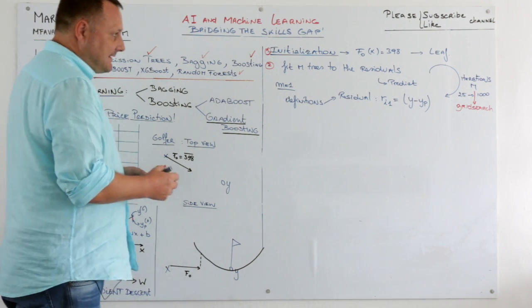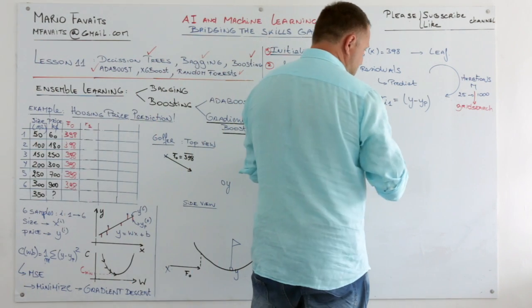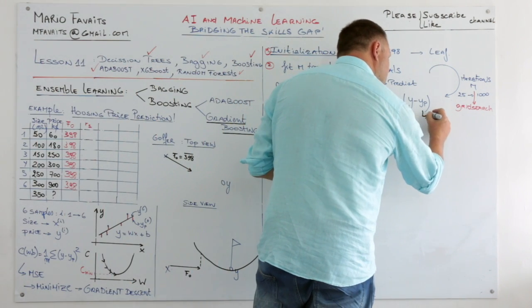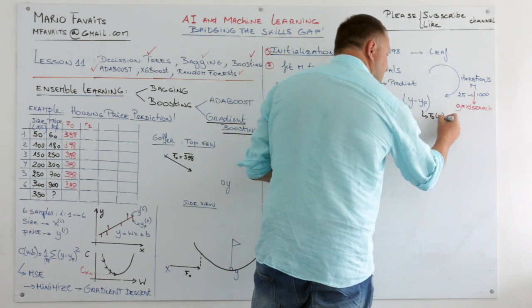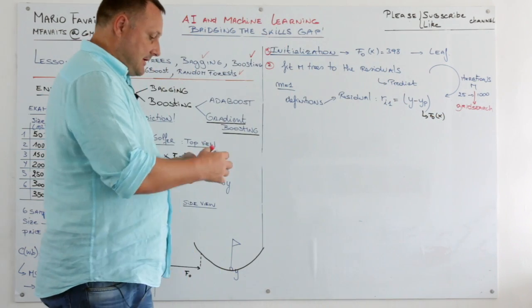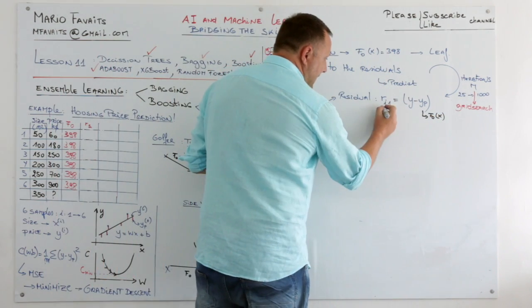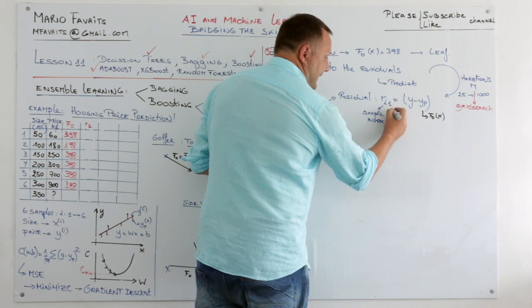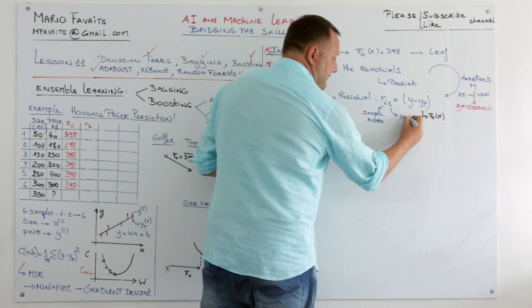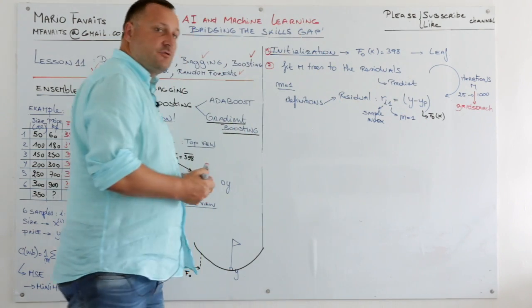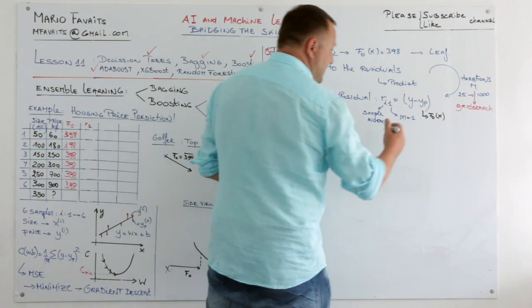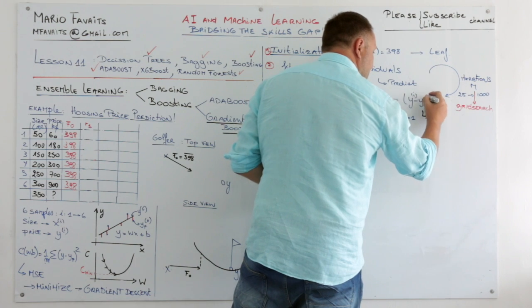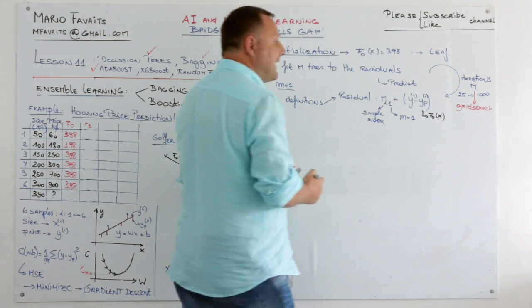The y predict in this case is the F0 vector. The i is the sample index, and the 1 here refers to the fact that it's our first tree.